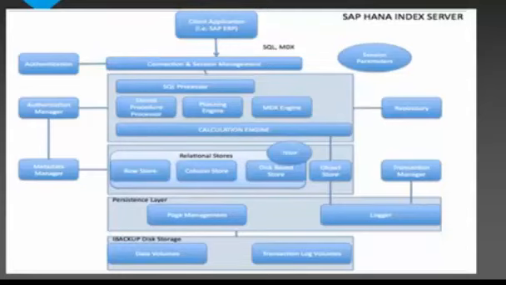Then we have the SQL processor. The SQL processor segments data queries and directs them to specialty query processing engines for optimized performance. As there are many different kinds of engines you can see on your screen. We have the store procedure engine, we have planning engine, we have MDX engine, and then we have the calculation engine.